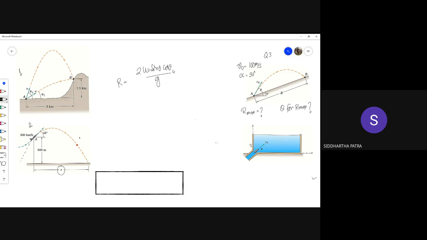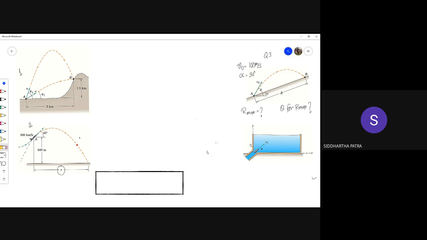You are thinking along this line, which is applicable to the horizontal problem. When you are releasing the particle on a horizontal plane, that is, when plane AB itself is horizontal, that's when that relation is valid. So we cannot simply use that expression. For this problem we'll have to get our own set of equations.